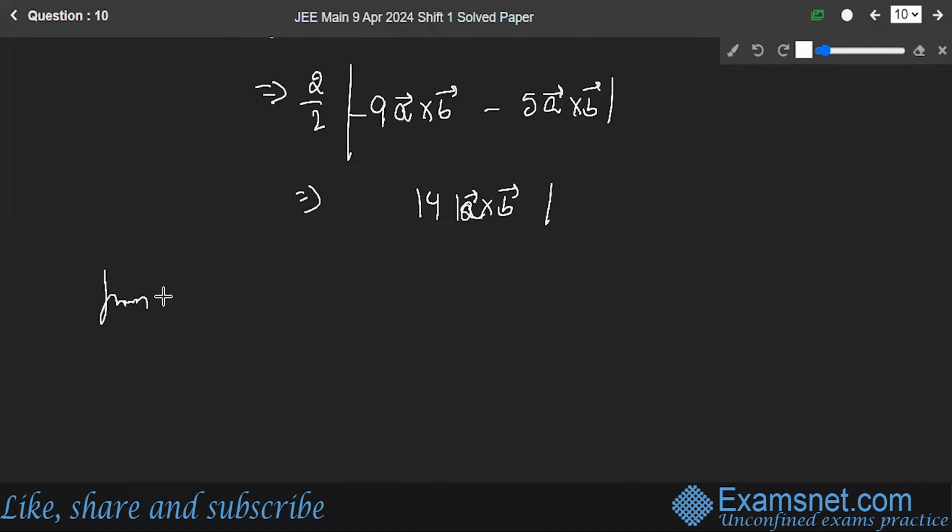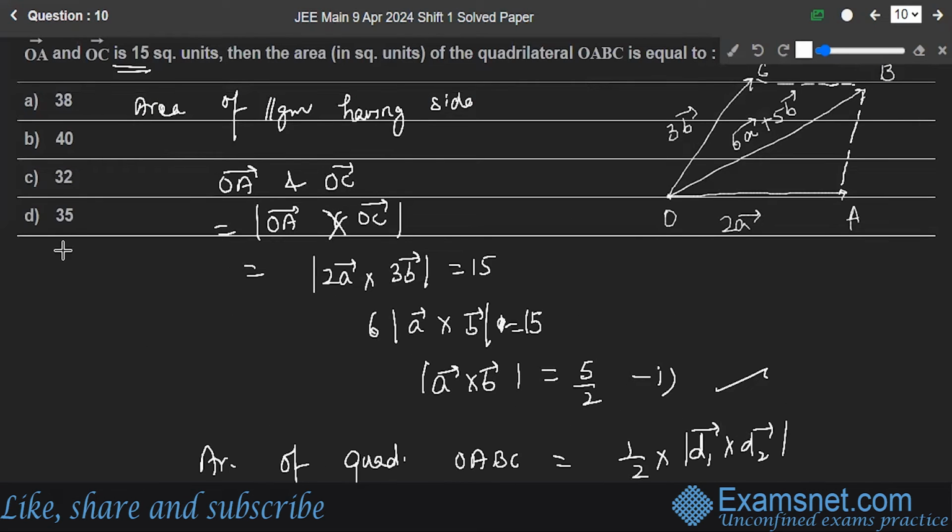So from 1, you have this as 14 into 5 by 2, or 35. This is the answer to the question, 35 square units. Option B is the correct answer. Hope you understood that. Let's move to the next question.